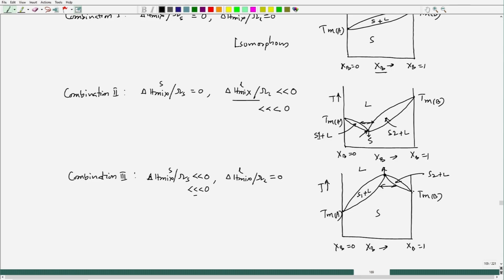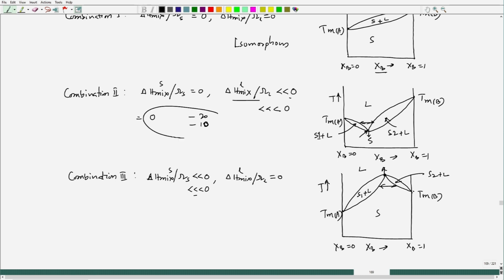So, now one important aspect we have to consider: the difference in these two values. Let us take some values. Let us say this value is 0 and this value is, let us say, minus 20, or minus 15, or minus 10. So, these kinds of conditions.